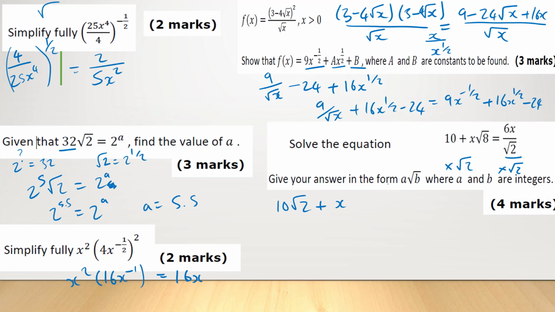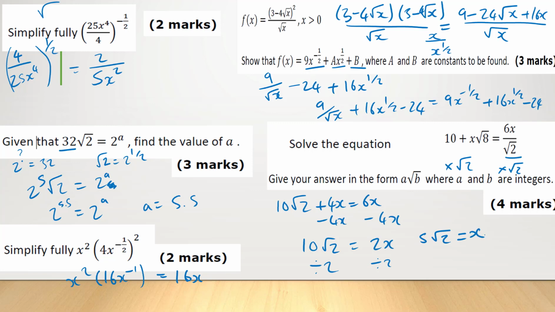Root 2 times root 8 is root 16, so that's going to be 4. Now we've got equals 6x, minus 4x on both sides. We've got 10 root 2 equals 2x. Divide out by 2. And then we're going to get left with 5 root 2 equals x.